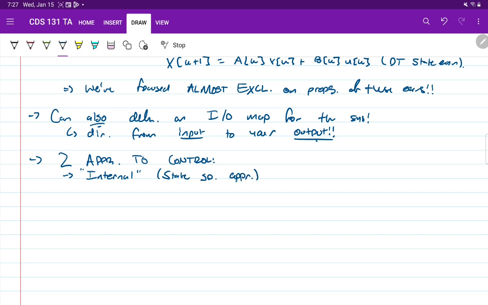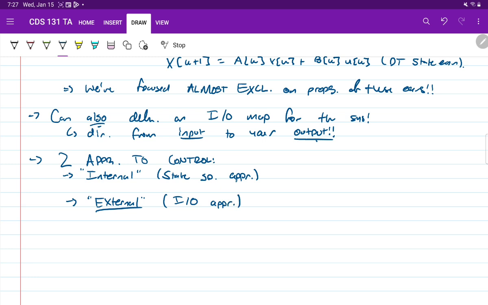In this approach, we look into the details of the state equation. We look at the internal dynamics of the system and figure out what's going on from there. So today we're going to focus on the external approach. This is sometimes called the input-output or IO approach.